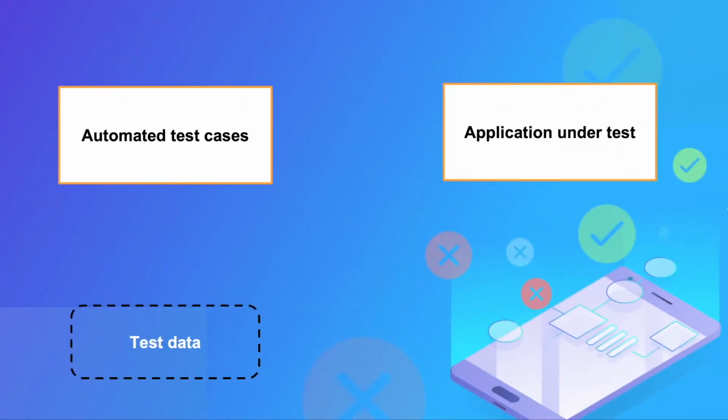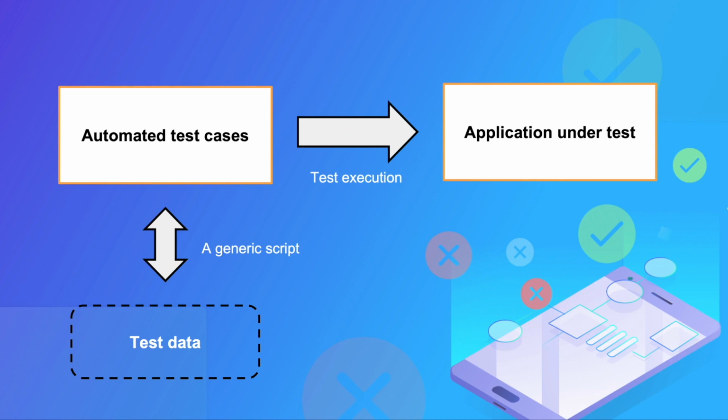Moving on to how data-driven testing really works. Based on the concept I've mentioned earlier, you might have guessed it. Instead of using hard-coded values, the test script reads and uses test data stored in external files or database management systems to test a given AUT.